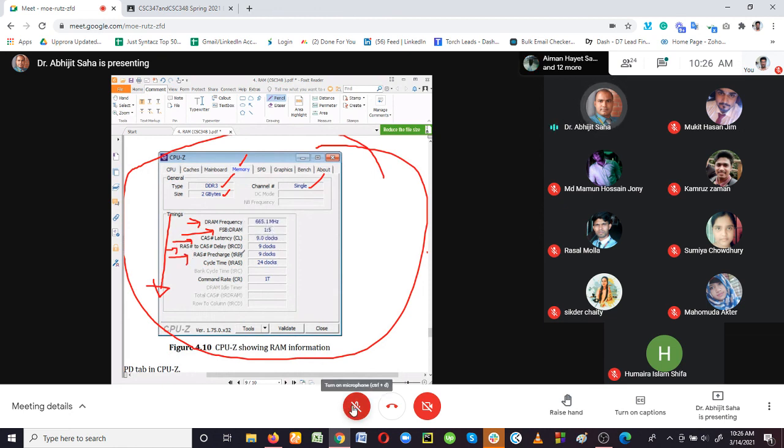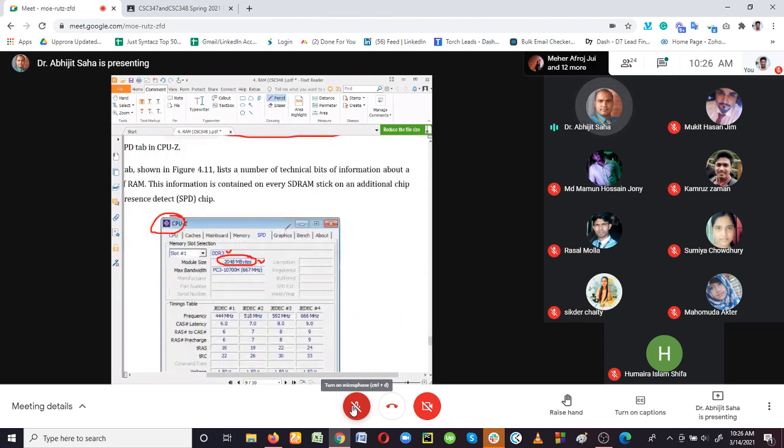You have to tell what the meaning of RAM frequency is, what FSB:DRAM is, what cache is, and what RAS is. You should write them into your report and tell what each one is, with a maximum of 2 sentences.